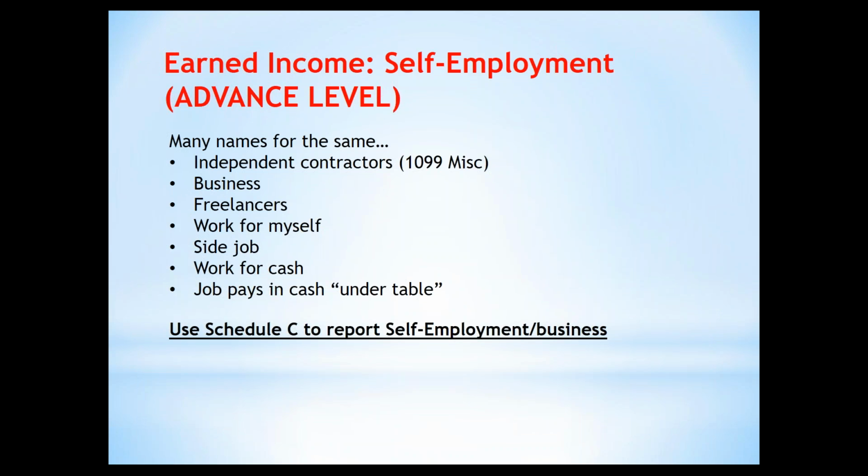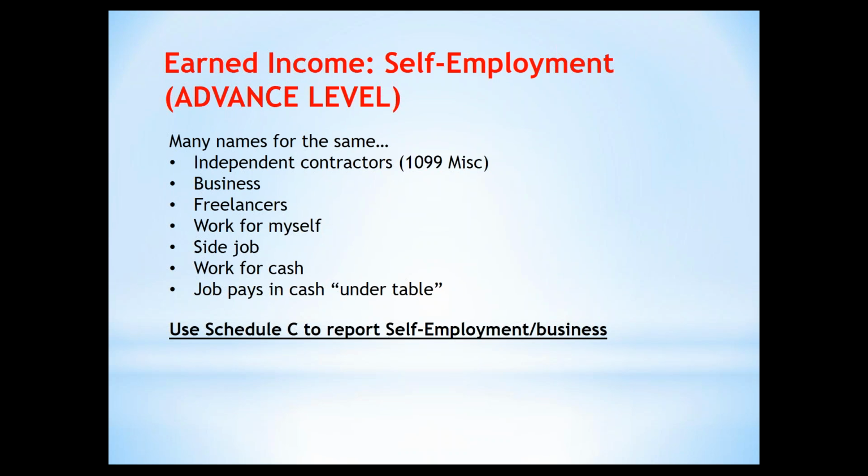So earned income, self-employment income, it's called a few different things. So you may have somebody come in and report this income in several different terms, but do know that you'll want to be certified at the advanced level to do this. And it's actually kind of a fun little exercise to go through. You'll see in the practice problems that there's a couple of examples of what we call Schedule C income.